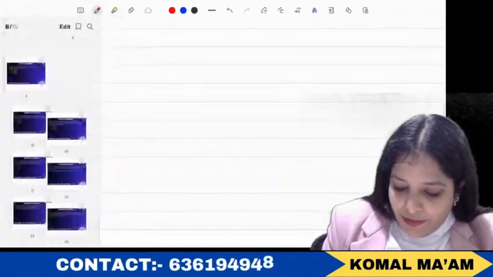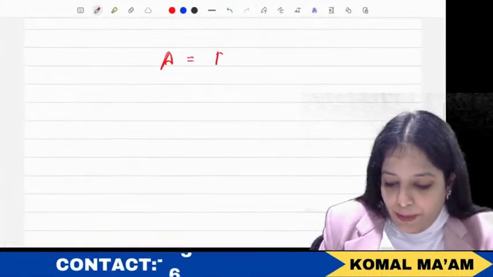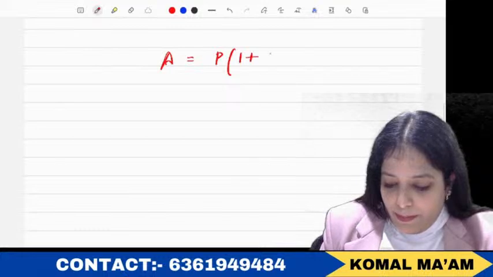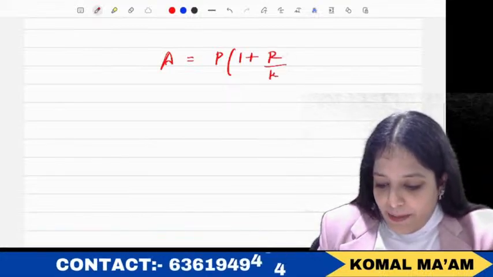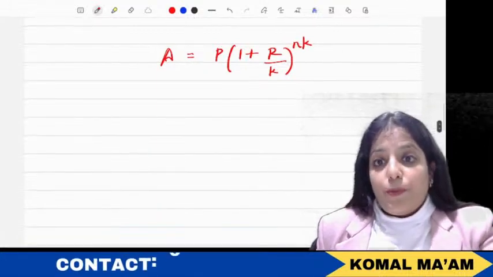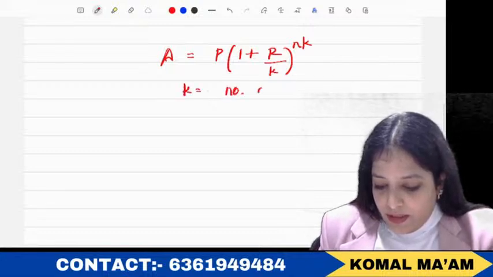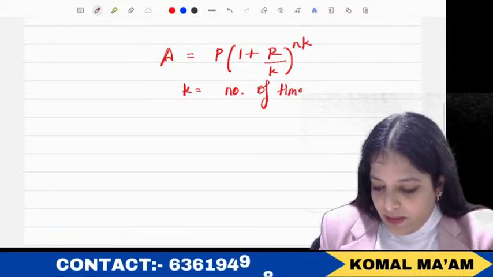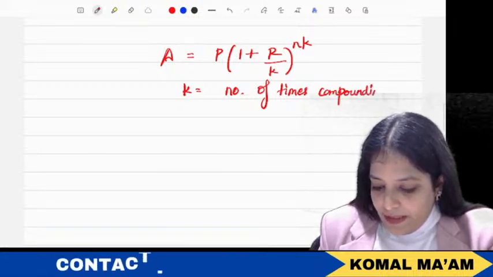See, I give the K effect in the formula. Amount is equal to P into 1 plus R upon 100, I'll write just R divided by K, raised to the power nk. Okay, so what is K? Number of times compounding taking place in a year.